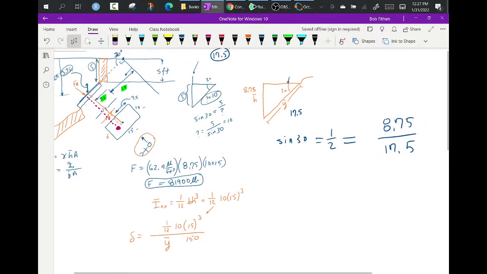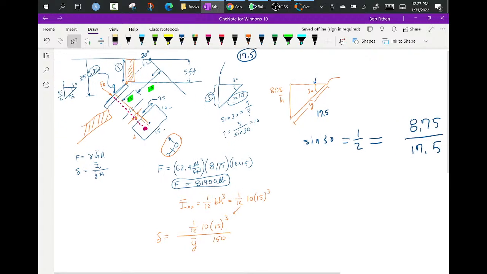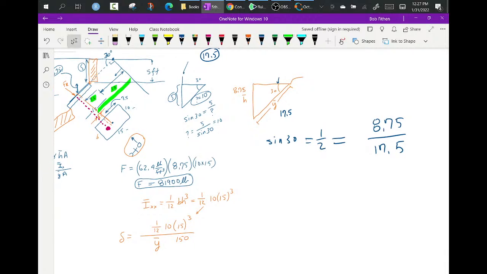So in fact, let me see if I can review this. We found the H bar right here. We looked across at this Y bar here. I thought I had something wrong with the geometry because I kept looking at these two numbers saying that doesn't divide out to be 1/2, when in fact it does.